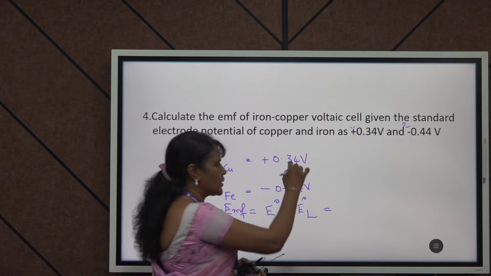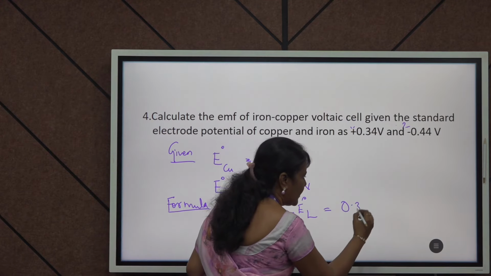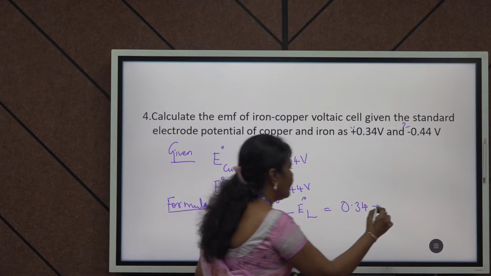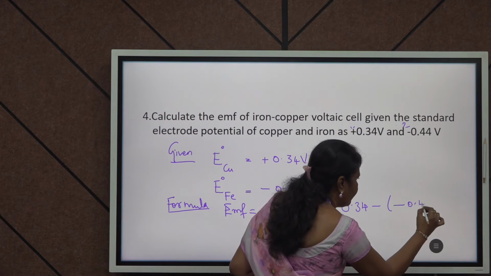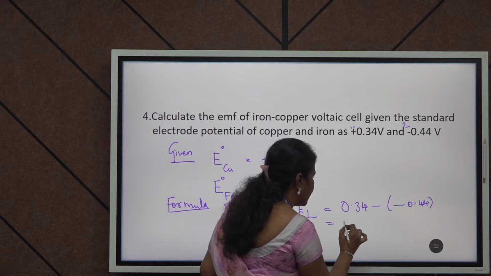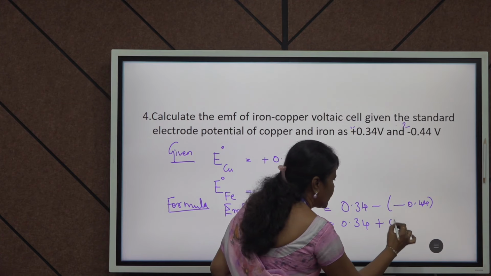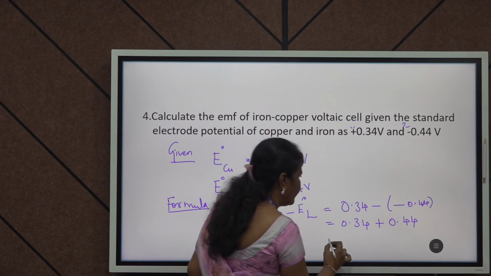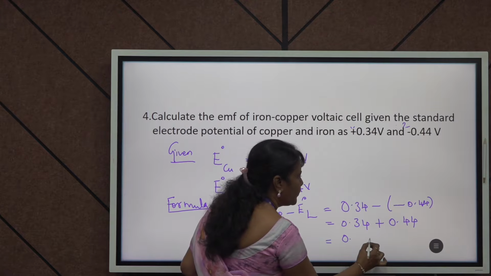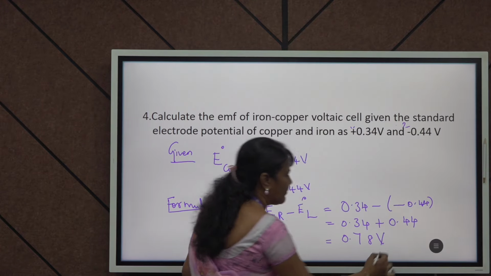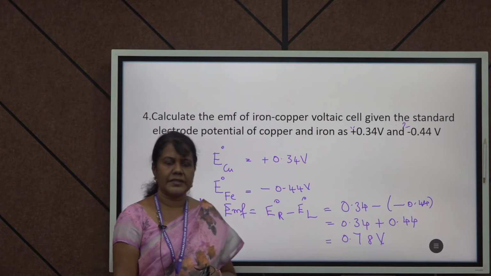Here the cathode is copper. So 0.34 minus of minus 0.44. Minus into minus becomes plus, so we get 0.34 plus 0.44, which is equal to 0.78 volt.